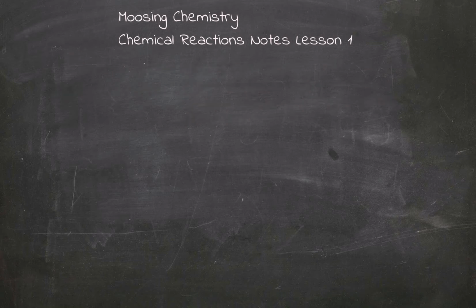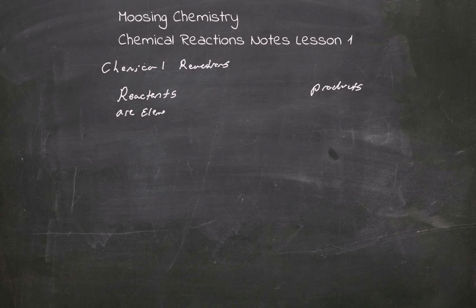Okay, so now chemical reactions have two basic components. You have something called the reactants, and you have something called products. Reactants are elements or compounds you start with.